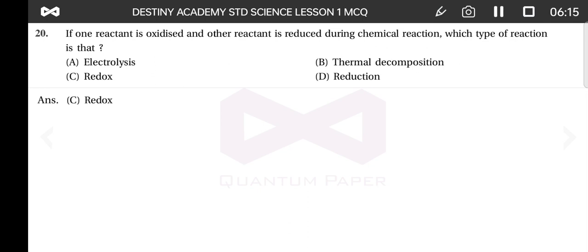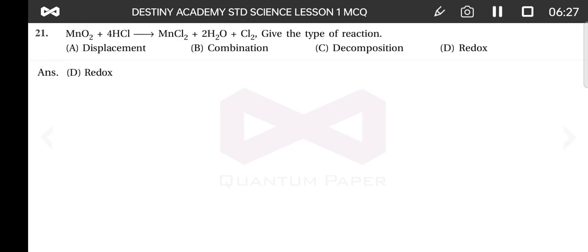That is known as redox reaction, because both oxidation and reduction are there. MnO2 plus 4HCl gives MnCl2 plus H2O plus Cl2. This is the example of redox reaction. The correct answer is option D.